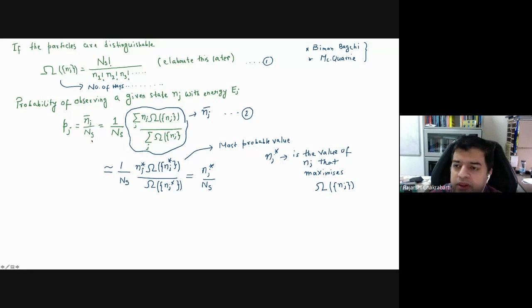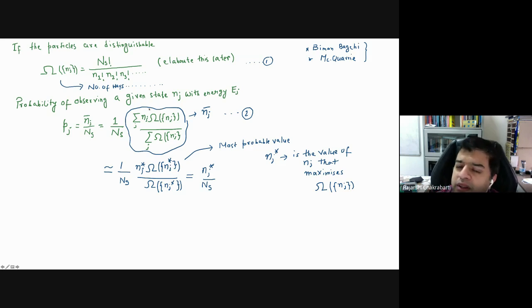It is not nj by Ns, it is rather nj averaged over all the possible distributions of nj, divided by the total number of systems. And this is given by this expression. So this omega gives you the number of ways it can be arranged. This is the distribution which you use to calculate the average of nj. So this is nj average, shown here.